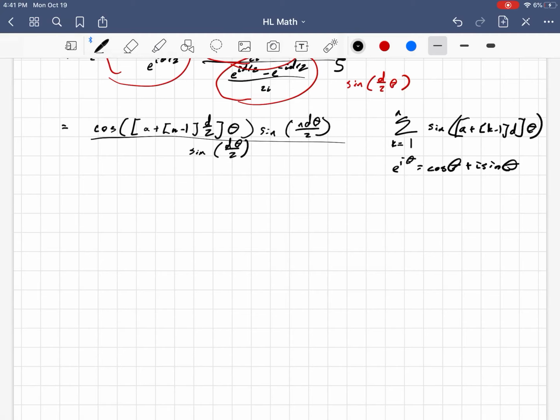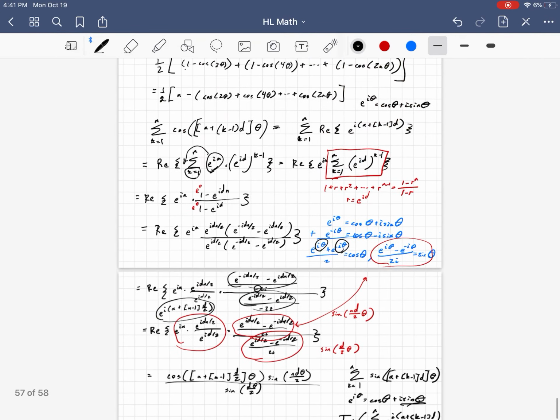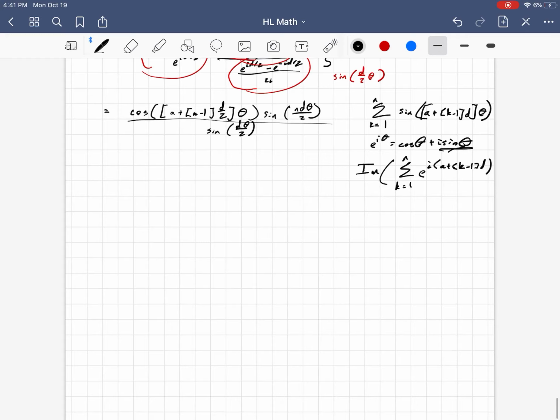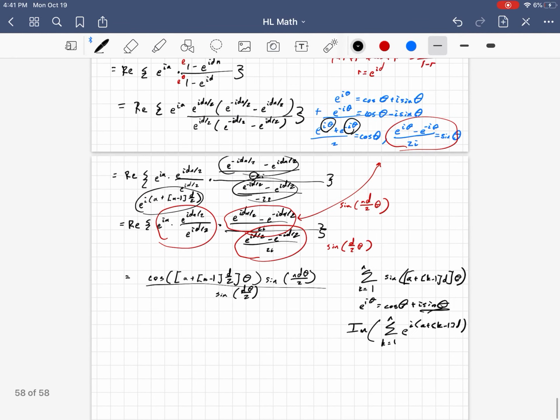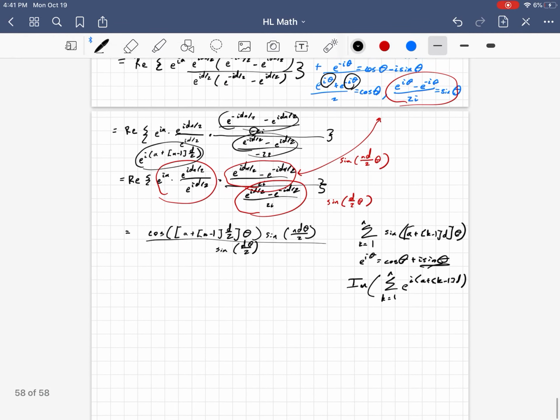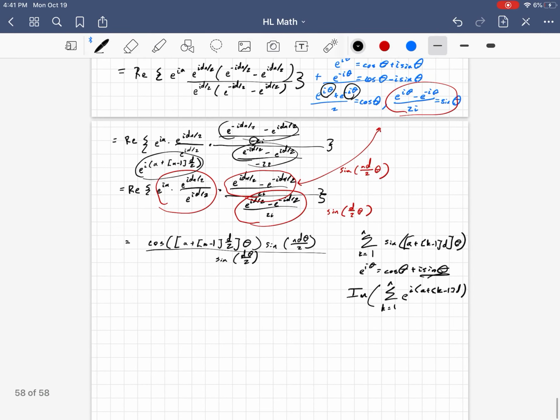And so now if you're talking about sines that form an arithmetic progression, you're going to want to take the imaginary part of the sum from k equals 1 to n of e to the i times a plus k minus 1 d. And you do the exact same thing that we did up here. So just a cool challenge for you. If you are able to do that, you probably get this.